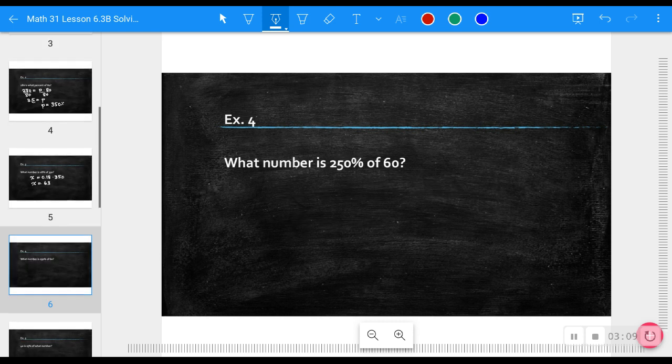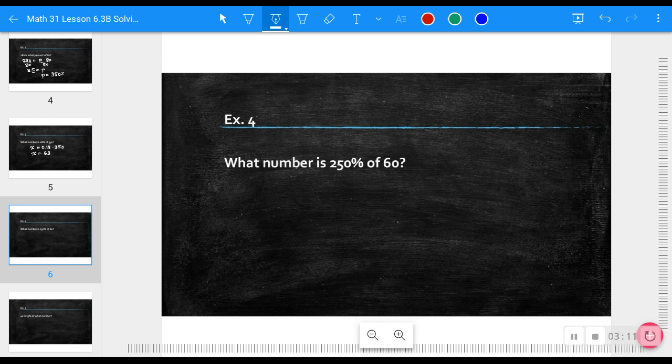Okay, I think we have about 10 examples here, and we're on the 4th one. What number is 250%? That's 2.50. All you do is move your decimal to the left and drop the percent sign, times 60. Okay, when you do that multiplication, 2.50 times 60 is 150.